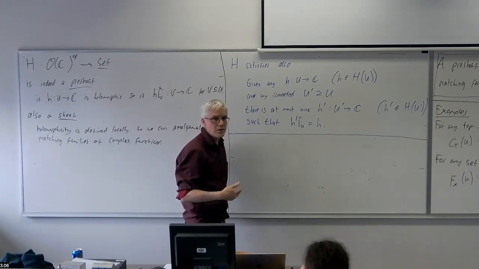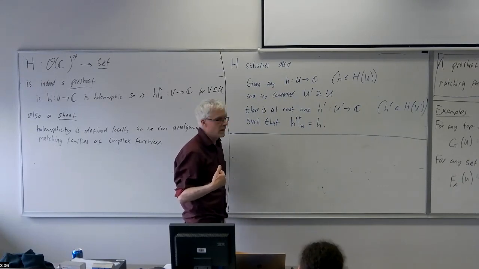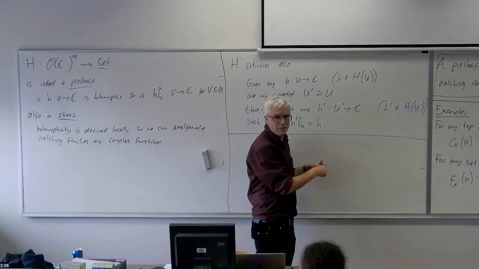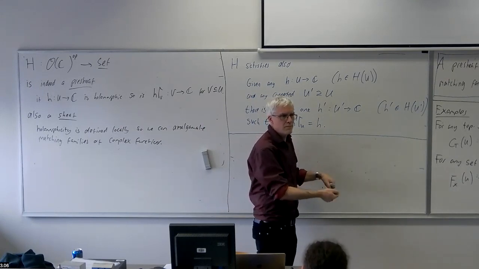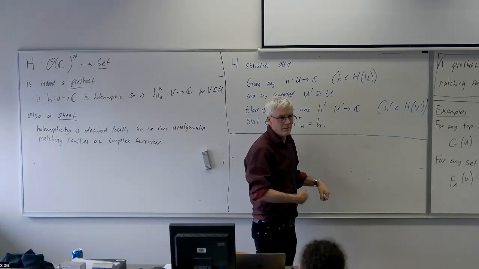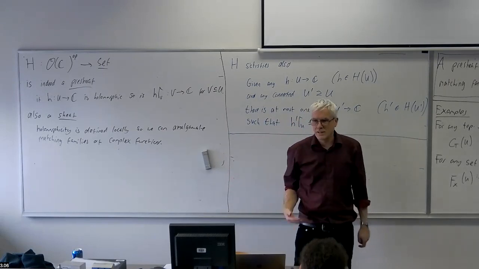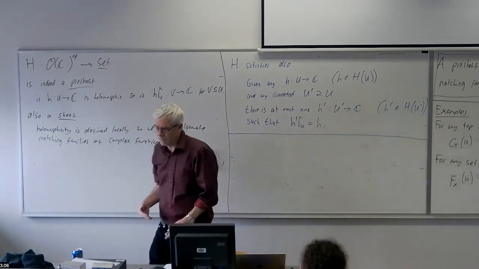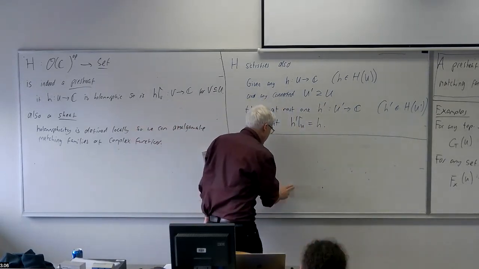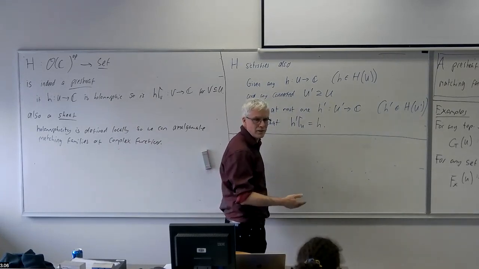And this leads to the notion of the analytic continuation of a function, where you have a holomorphic function that you've got defined on some little local area, and you extend it as far as possible to a holomorphic function defined everywhere you can possibly define it. And a very famous example of that is the Riemann zeta function, which is the analytic continuation of the Euler zeta function defined by a power series expansion.